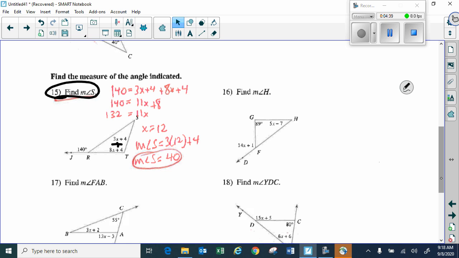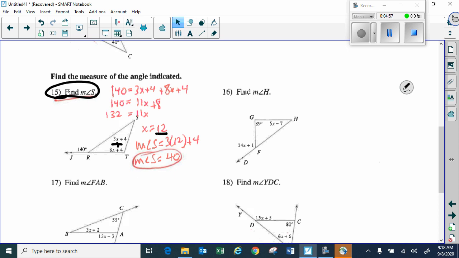Just add those two together. So 140 equals the 3x plus 4 plus the 8x plus 4. Combine like terms, 11x plus 8. Subtract the 8 across, 132, divide by 11 on both sides, x equals 12.